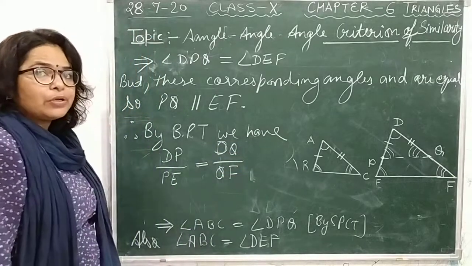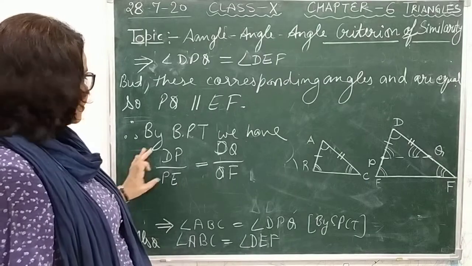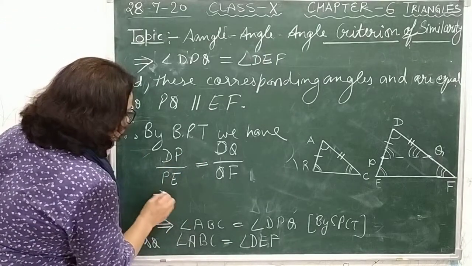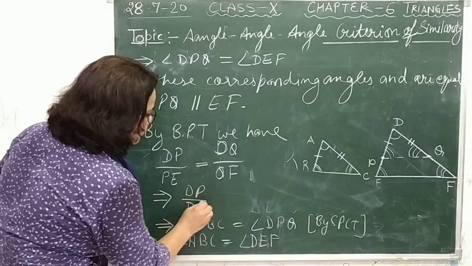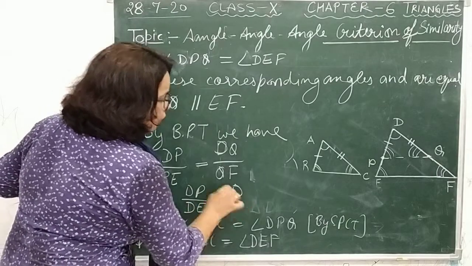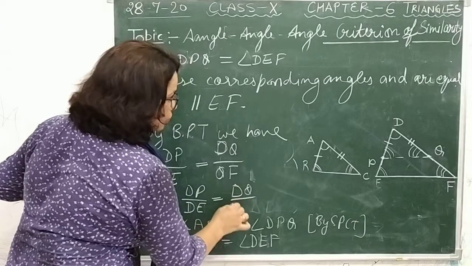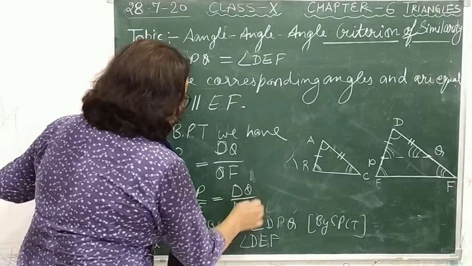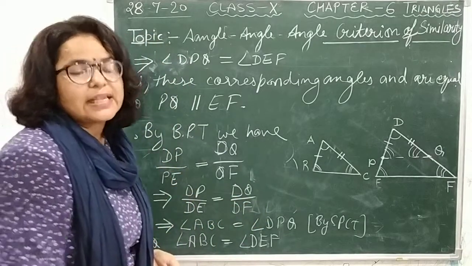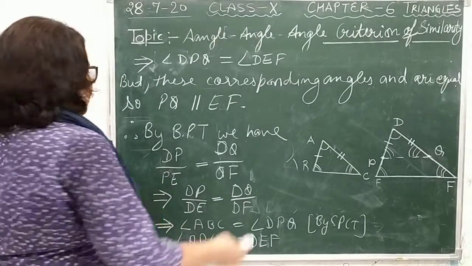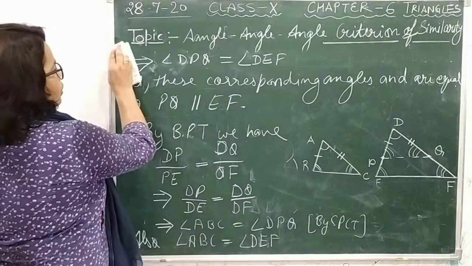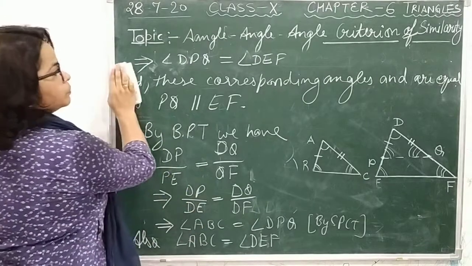We did a corollary also on the BPT theorem that if this ratio is equal, then it implies that DP upon whole DE will be equal to DQ upon whole DF. If you want to see the proof of this, you can see example number 1 before this exercise. There is an example just after the BPT theorem proof.